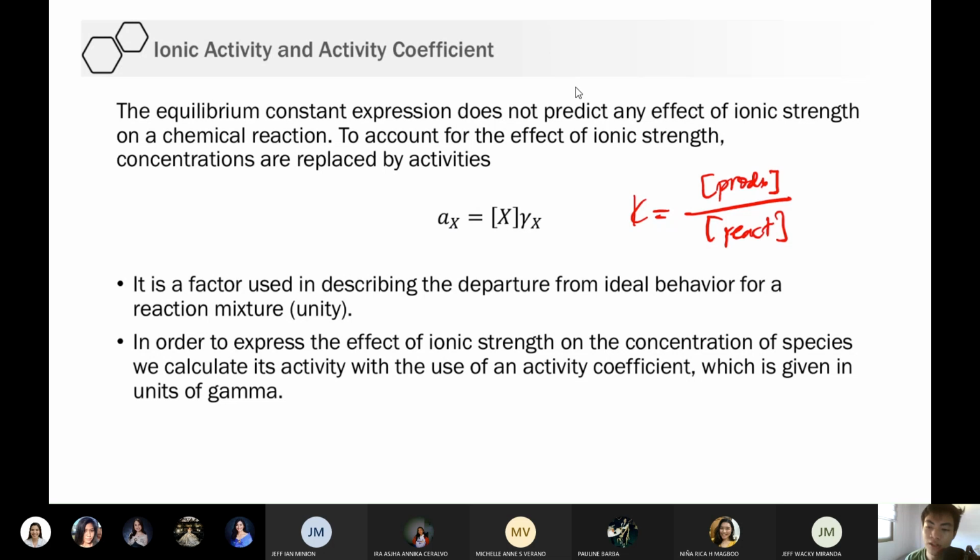Because if we just write the concentration, we are neglecting the effect of diverse ions. However, if you write activities, then the effect of diverse ions will be accounted for when solving for K.